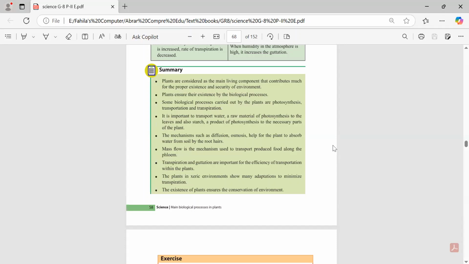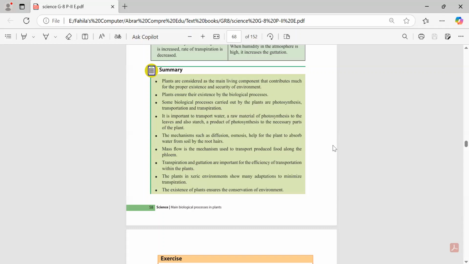It is important to transport water, a raw material of photosynthesis, to the leaves and also starch, a product of photosynthesis, to the necessary parts of the plant. The mechanisms such as diffusion, osmosis help the plant to absorb water from soil by the root hairs. Mass flow is the mechanism used to transport produced food along the phloem.